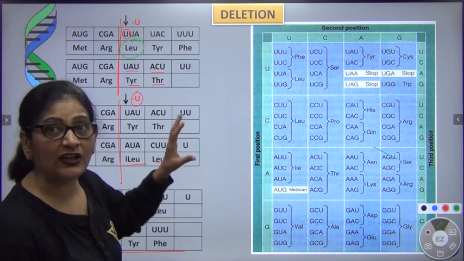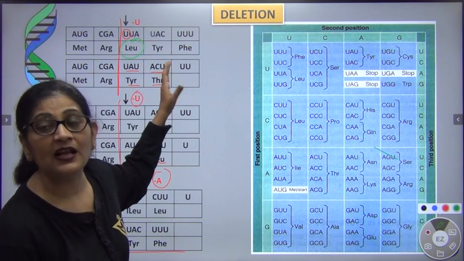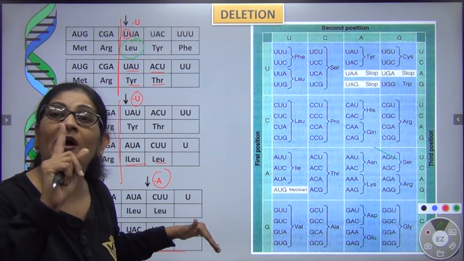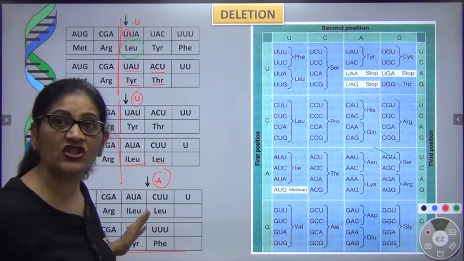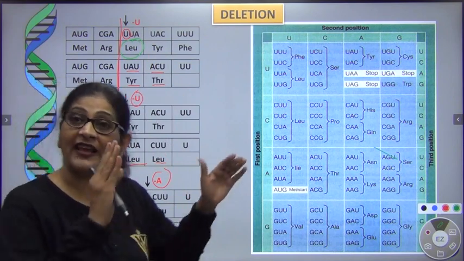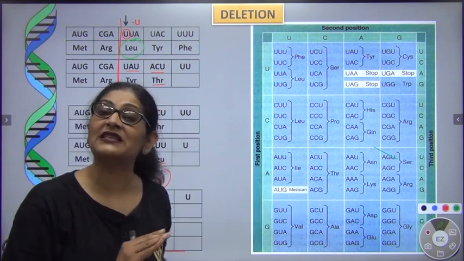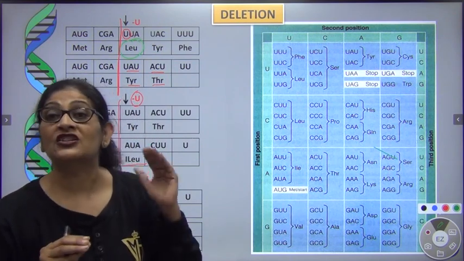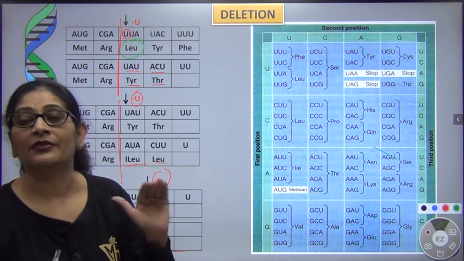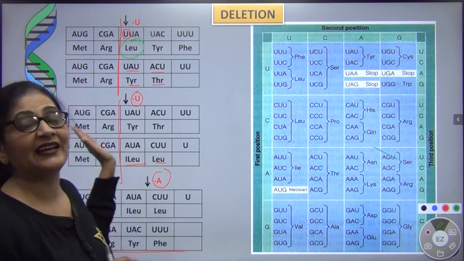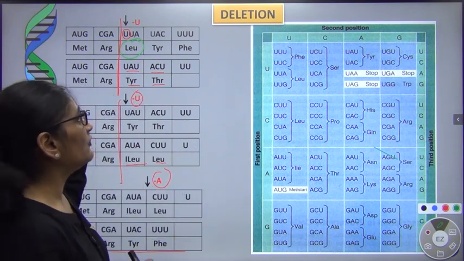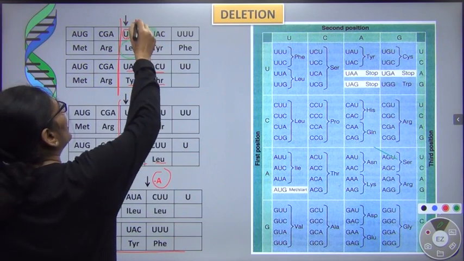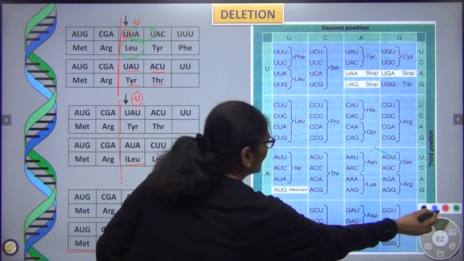Studies reveal that when you add 3 nucleotides, the corresponding amino acids remain same except that one amino acid is added in that polypeptide chain, and when you delete 3, then also the corresponding amino acids remain same except one amino acid is less in the polypeptide chain. So frame shift mutation proved that genetic code is triplet and it is read in a contiguous manner. We will read it contiguous. That means if you remove this, then the next 3 will become the codon. If you remove this, then the next 3 will become the codon.